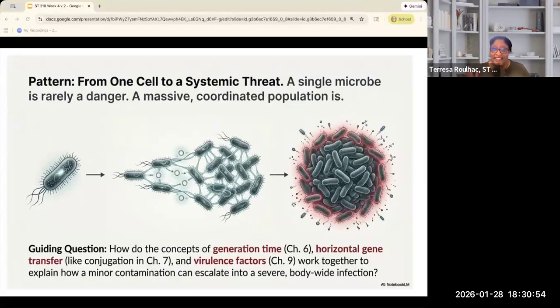These determine how much damage is actually going to occur, how easily the microbes spread, and how hard it is for the host to be able to control the infection. This is where a localized issue becomes systemic.